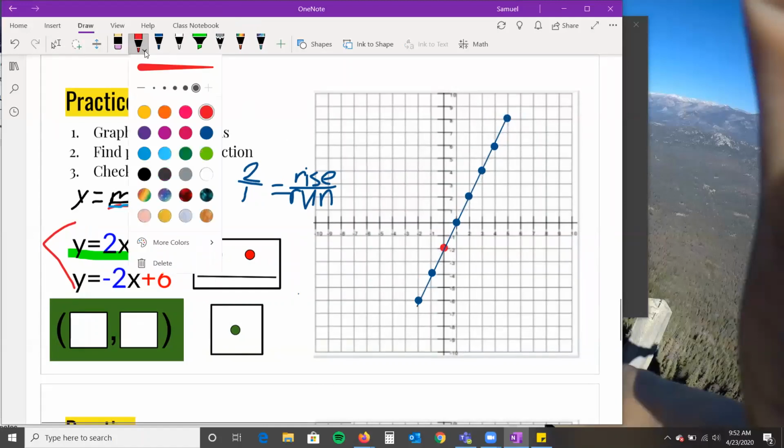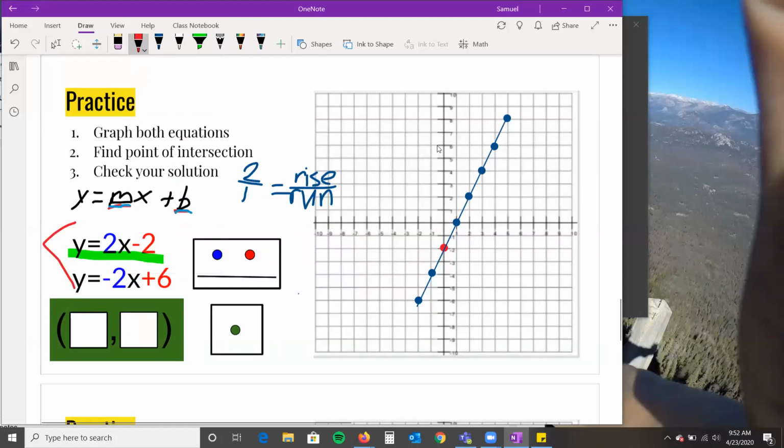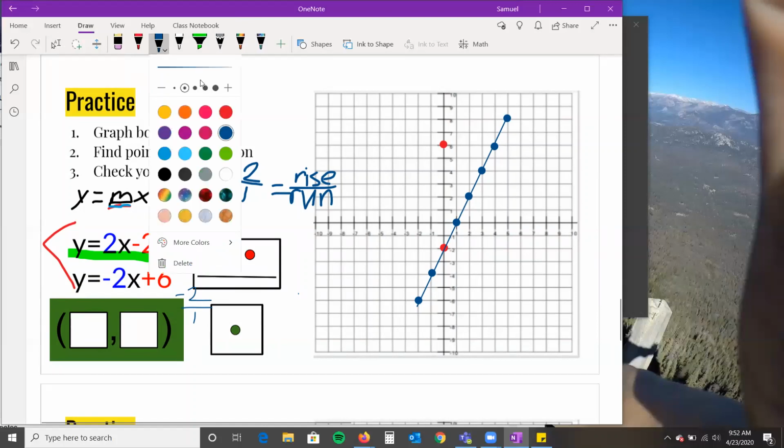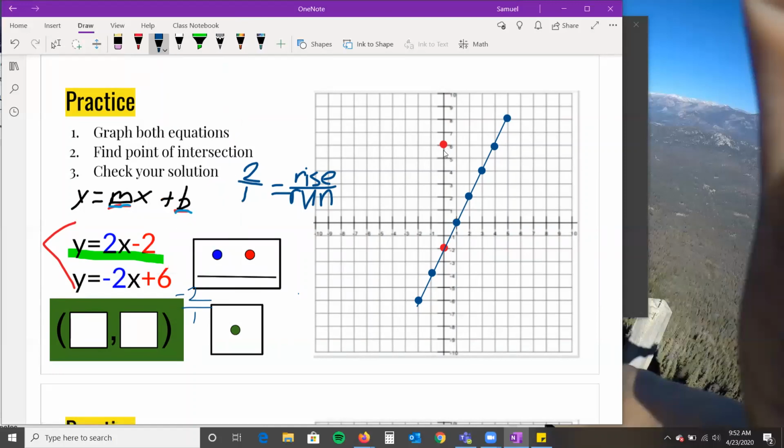My y-intercept is going to be at +6. So I go up 6, place my y-intercept, and that's where I start. I don't start at the origin. I start at my y-intercept. My slope on that one is -2 over 1. The rise is going to be down 2, and then it's a +1, so right 1. So I go down 2, right 1, down 2, right 1, down 2, right 1.